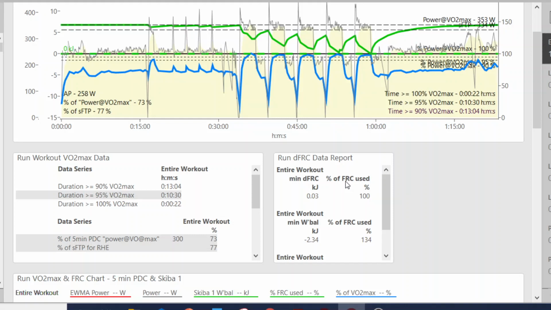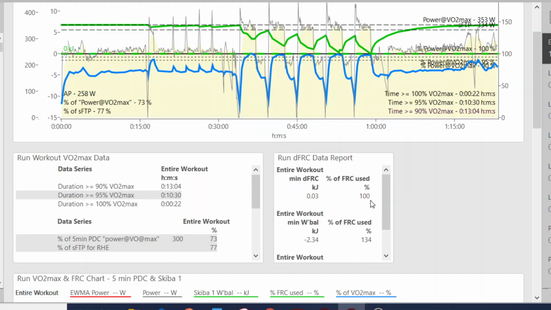So you have this extra reserve, which is based on both aerobic and anaerobic metabolism, of work that can be done when you exceed critical power or functional threshold power.